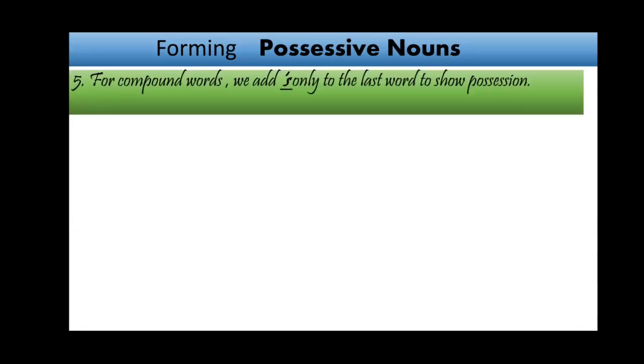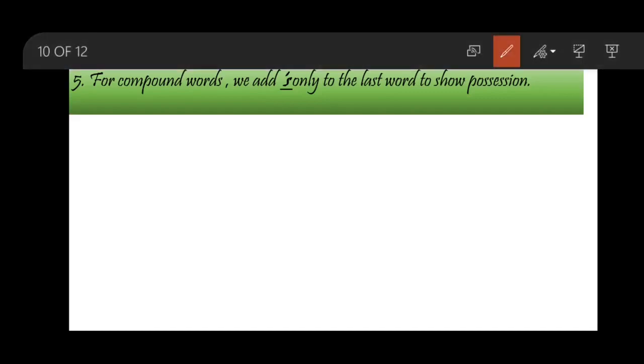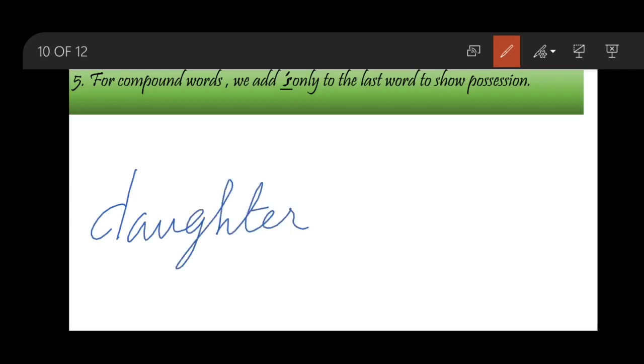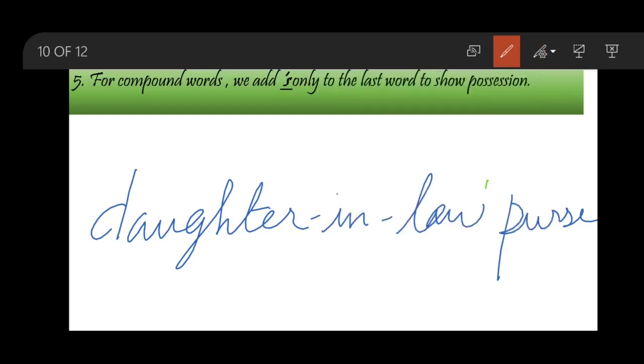Look at the fifth point. For the fifth point, they are telling us that if we have a compound word, we are going to add the apostrophe only to the last word in order to show possession. Like, we can have an example. This is my compound word, daughter-in-law, purse. Here we will add apostrophe s.